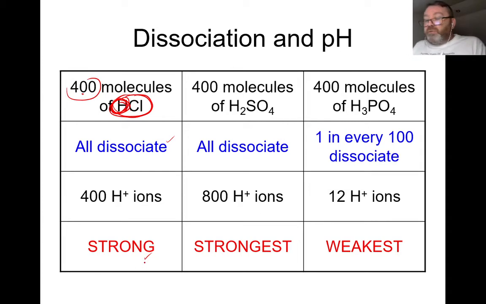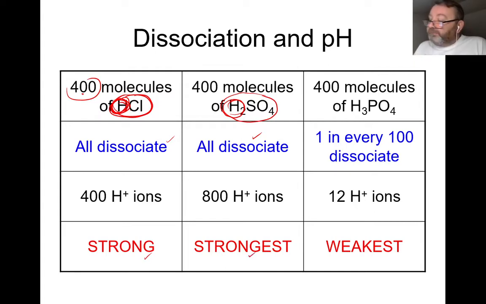Okay, let's move on to H2SO4. H2SO4 has two hydrogens per molecule. If I put 400 molecules into water, all of them dissociate, which means the 400 molecules will produce 800 H pluses, which is extremely strong.